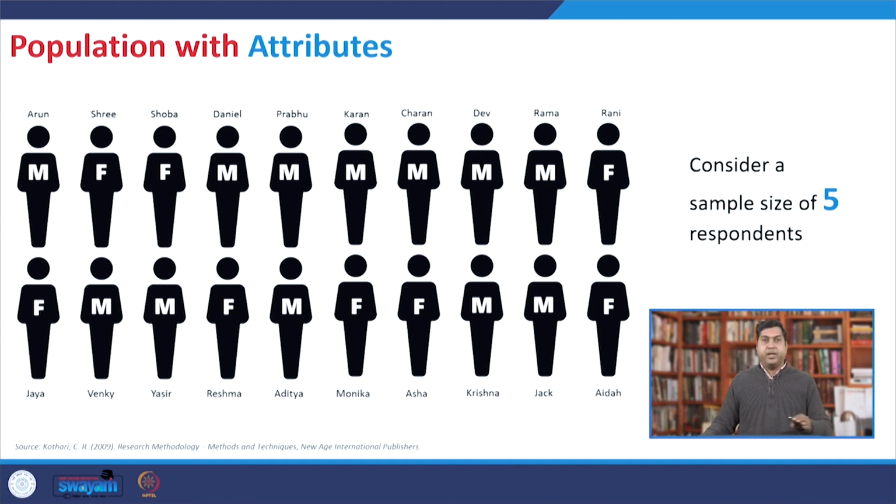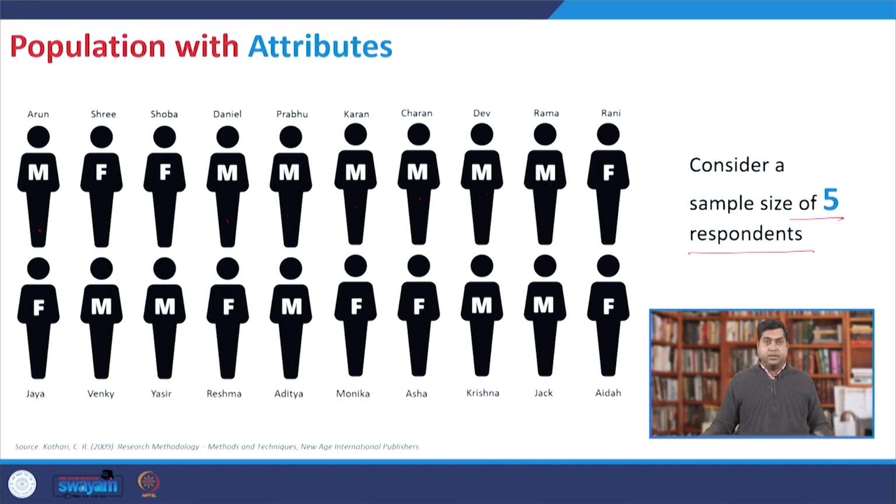These are some random names that I have given, and M represents male and F represents female. This is the entire population, where you have 1 2 3 4 5 6 7 8 9 10, and then another 10. So altogether you have 20 people, mixed male and female, and you need to select 5 respondents out of it.